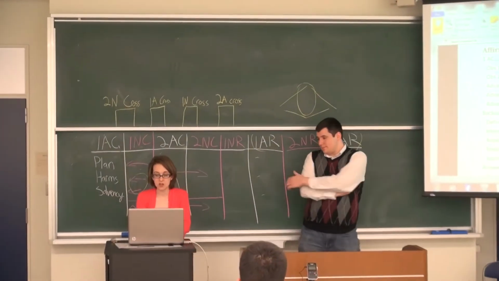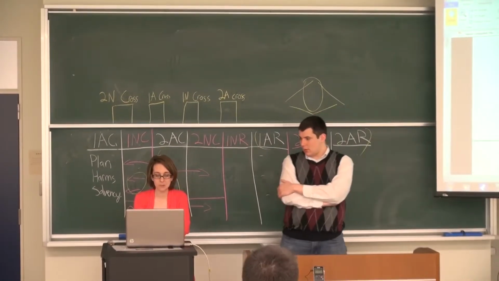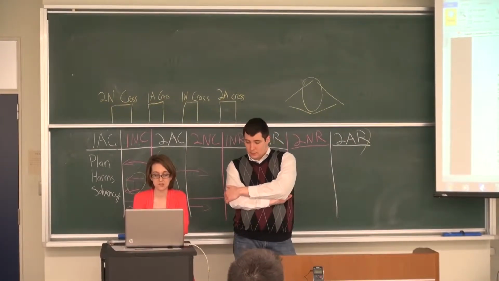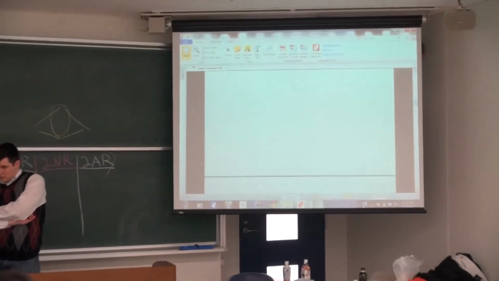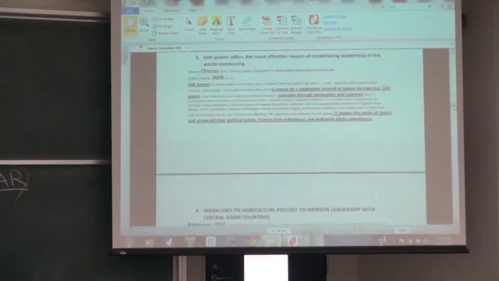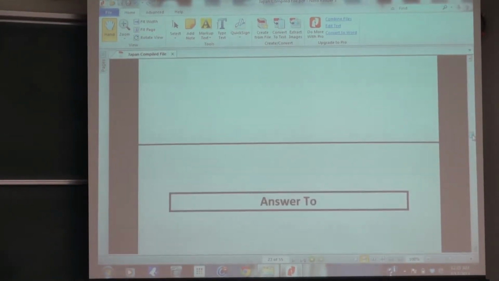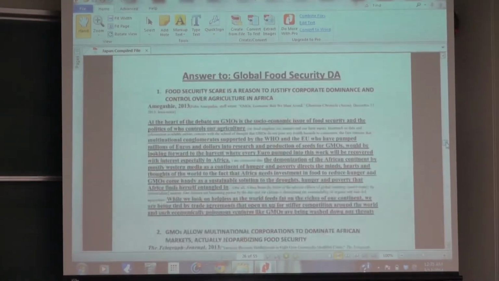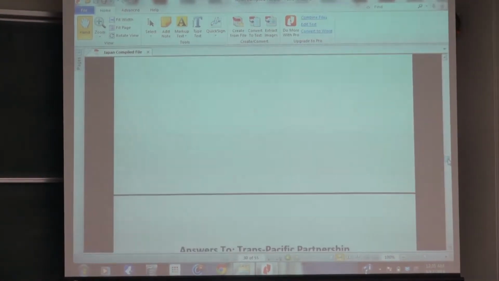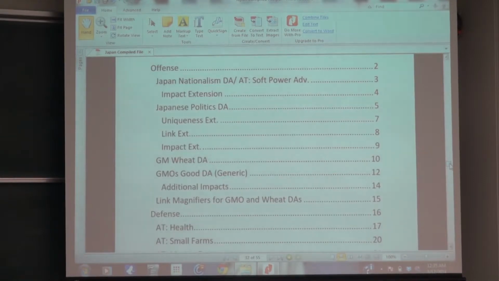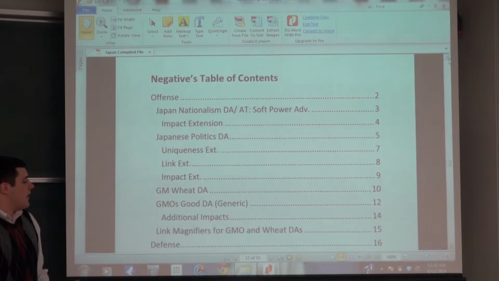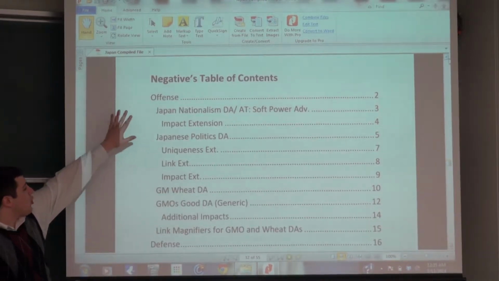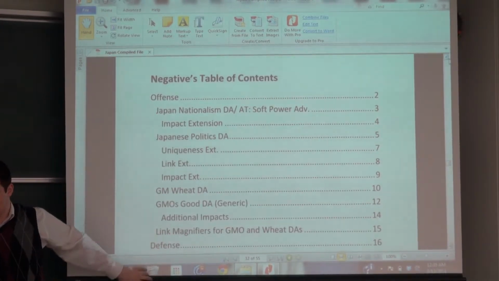Yes. So if you skip down a whole bunch of pages to where it says negative, way down there, it'll say negative index or some content. Yeah, there we go. So you see here that you have 4 disadvantages.